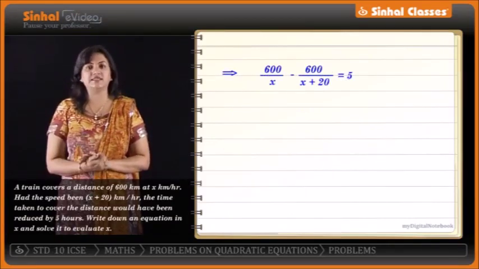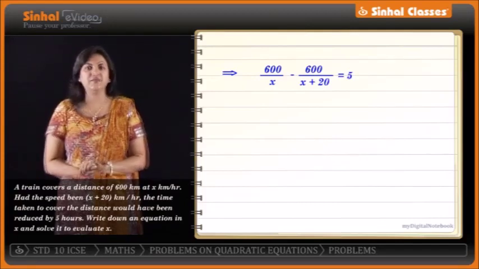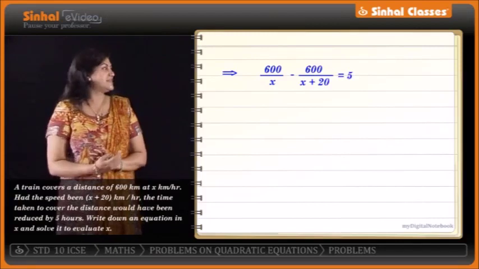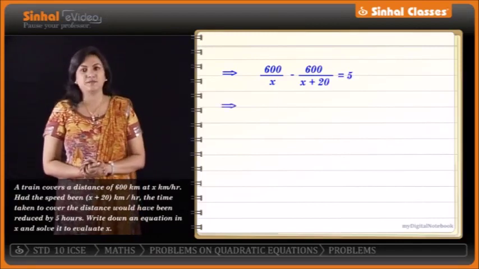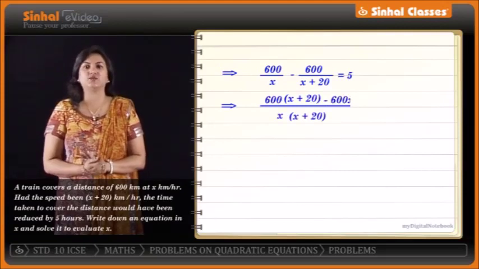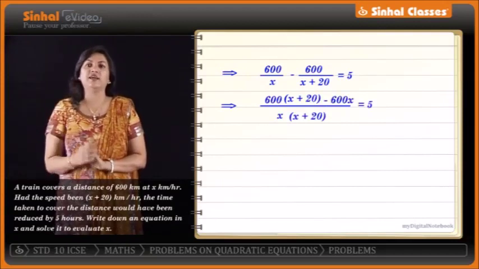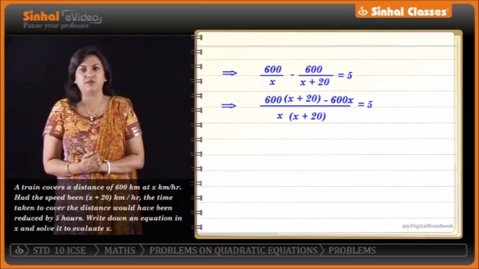Now we take the LCM as x into x plus 20. So we get 600 into x plus 20 minus 600x upon x into x plus 20 is equal to 5. Cross multiply. On the right we will have 5x into x plus 20.